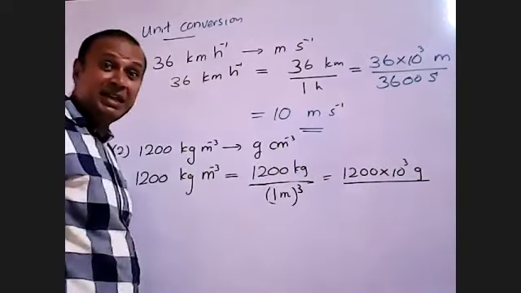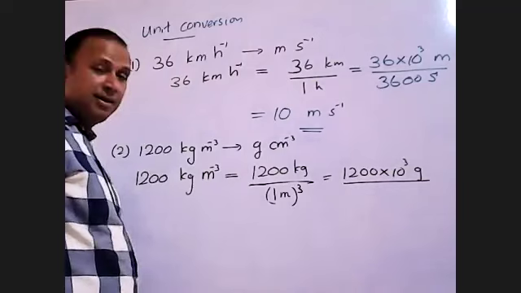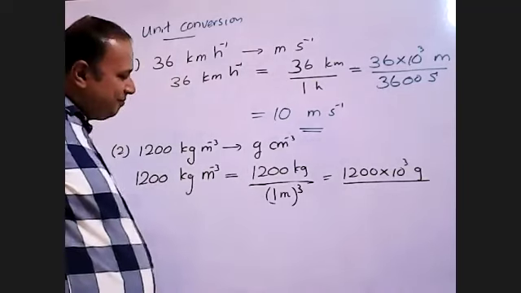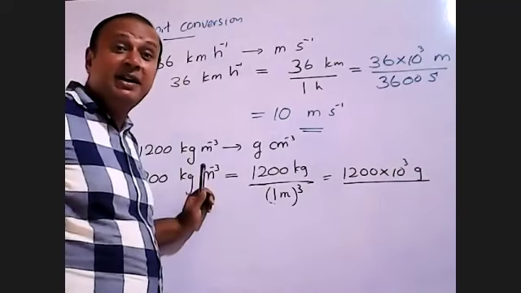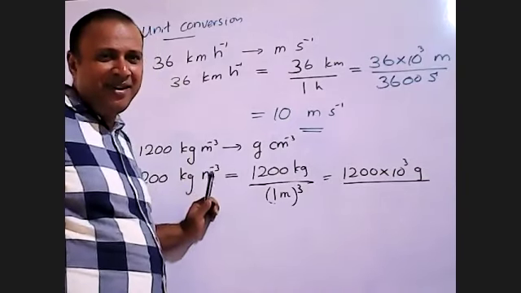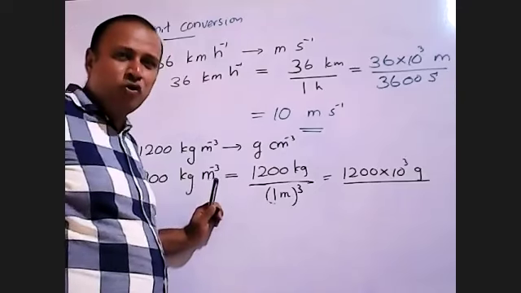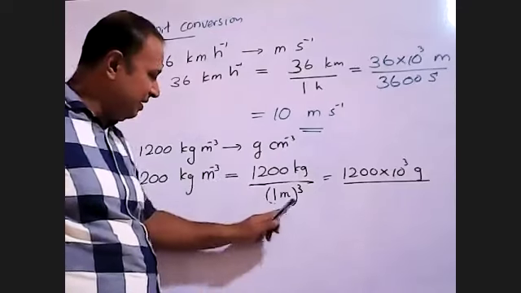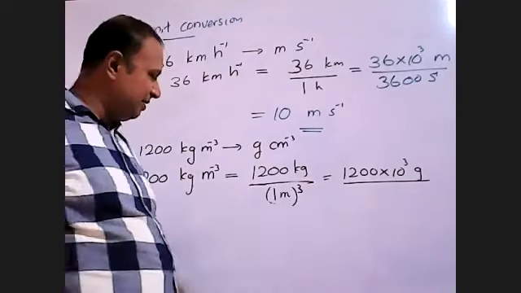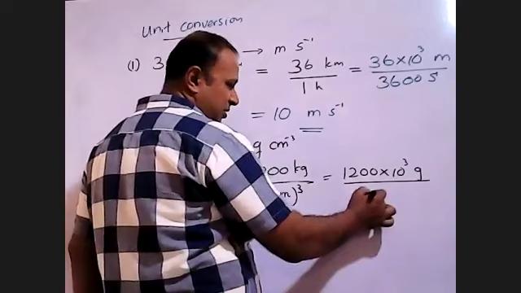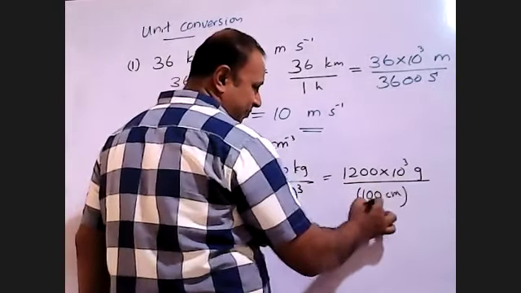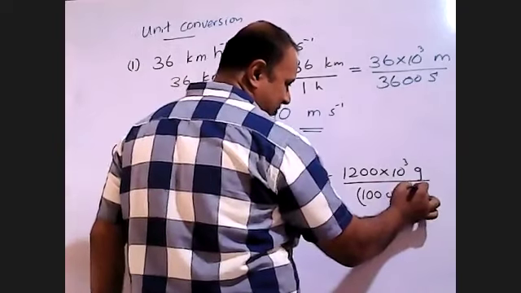Then meter into centimeter means you have to multiply it by 10 to the power 2. 1 meter is equal to how much centimeter? 100 centimeter. Into 3.